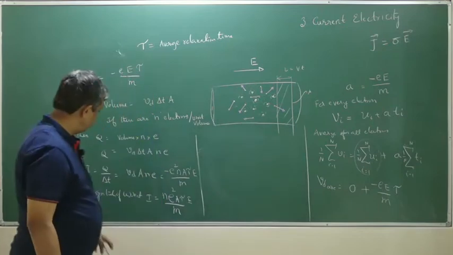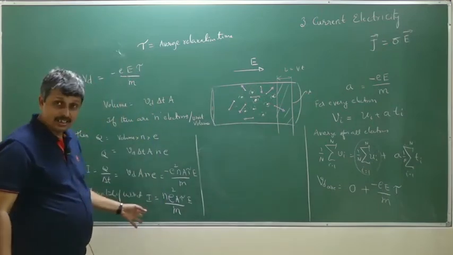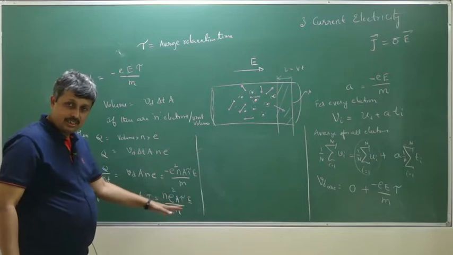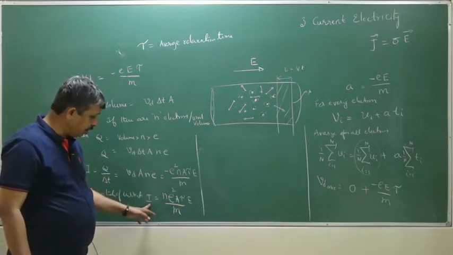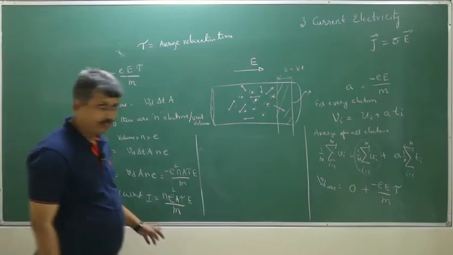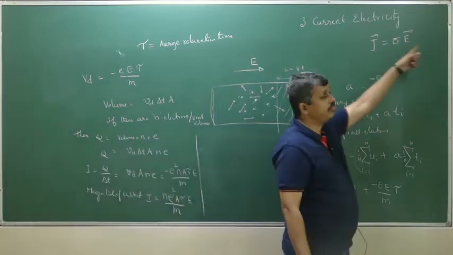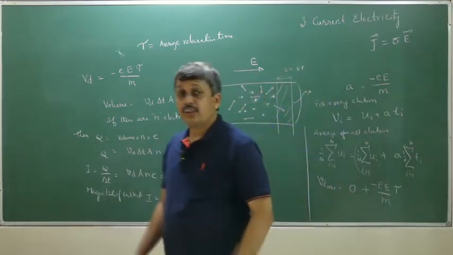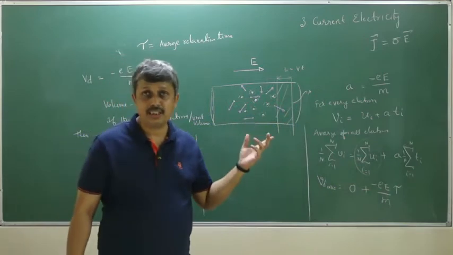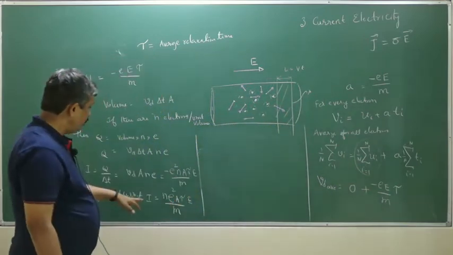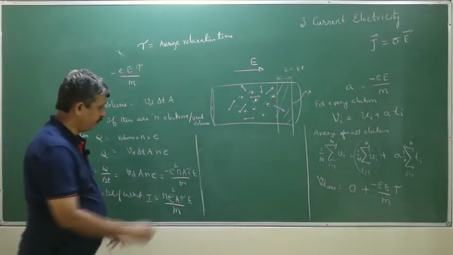We have a relation between I and E. I will convert this into J, because if we get J equal to sigma E, then we can find sigma, the conductivity.